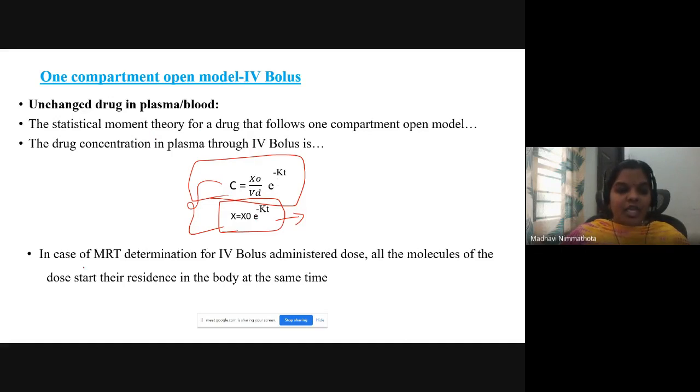Then in case of MRT, mean residence time determination, for an IV bolus administered dose, all the molecules of the dose start their residence time in the body at the same time. What is the meaning of this sentence?